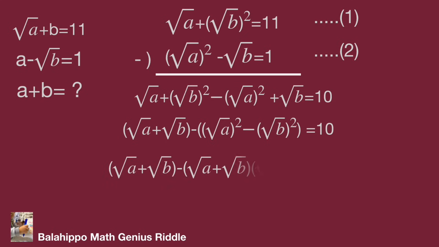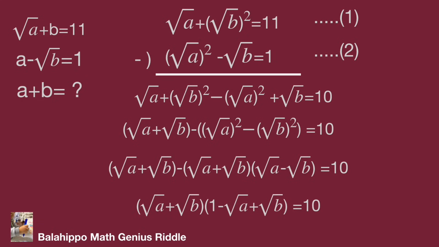Because square root of a squared minus square root of b squared equals quantity square root of a plus square root of b multiplied by square root of a minus square root of b. Simplify the equation: it becomes quantity square root of a plus square root of b multiplied by quantity 1 minus square root of a plus square root of b equals 10.